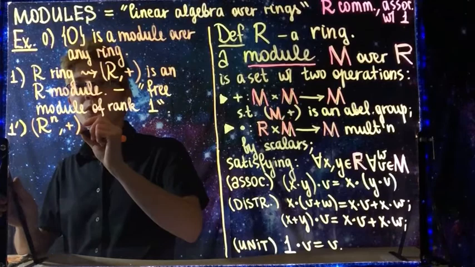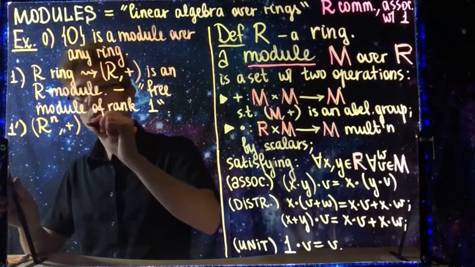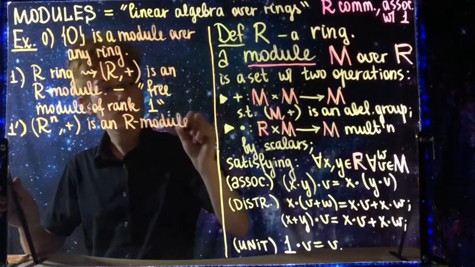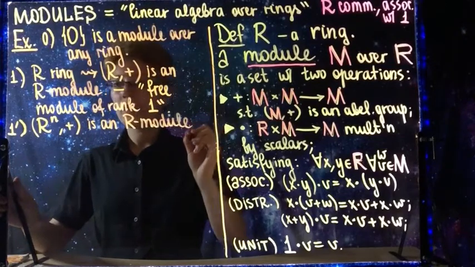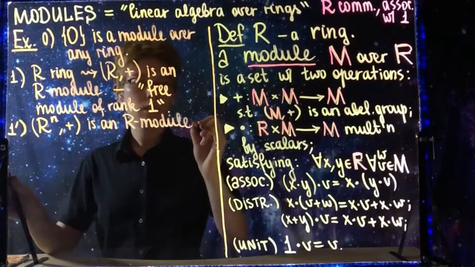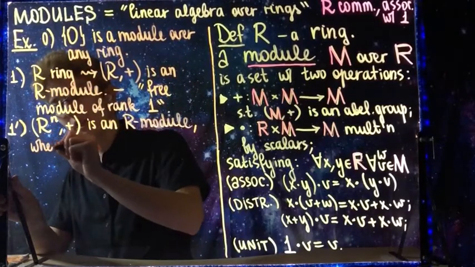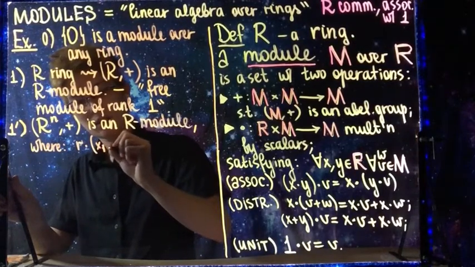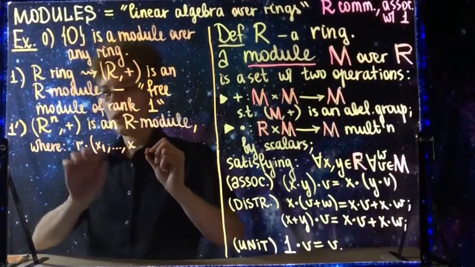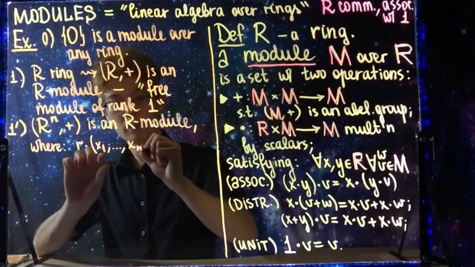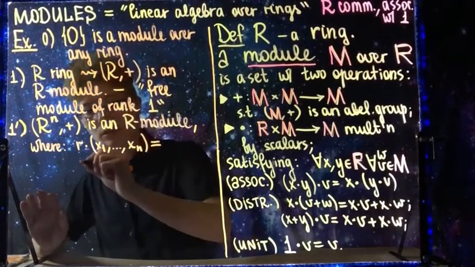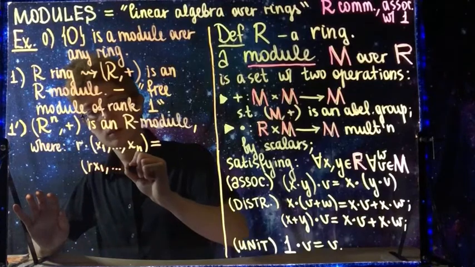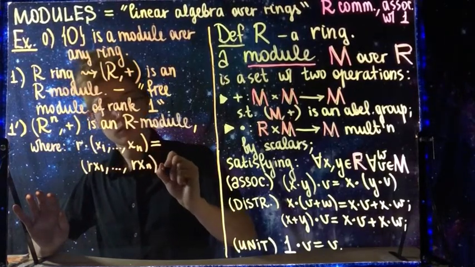We can endow it with a structure of an R module, where addition is element-wise and multiplication of the vector consisting of elements x1 through xn by r is equal to (r x1, ..., r xn).